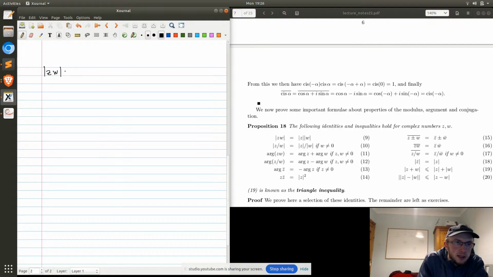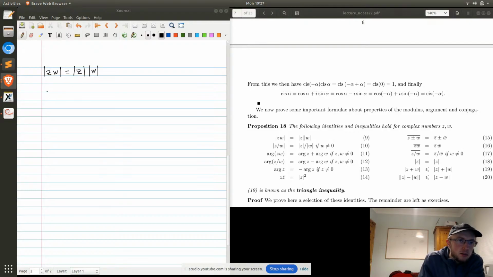The modulus of z times w is the modulus of z times the modulus of w. It's that beautiful morphism property that I've encountered many times before.